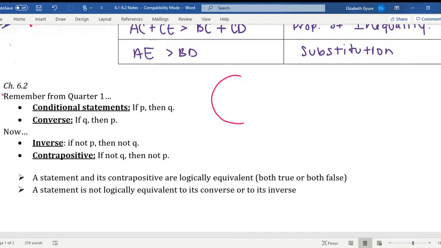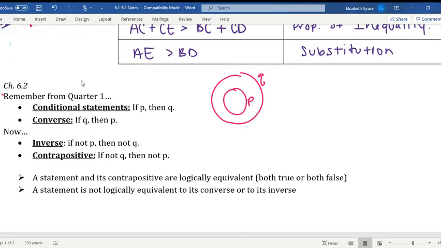So we have our nice big circle here. We're going to put Q. This is our conclusion, and then inside is P, which is our hypothesis. This is for a conditional statement. If P, then Q, because if your hypothesis is true, then your conclusion has to be true, right?